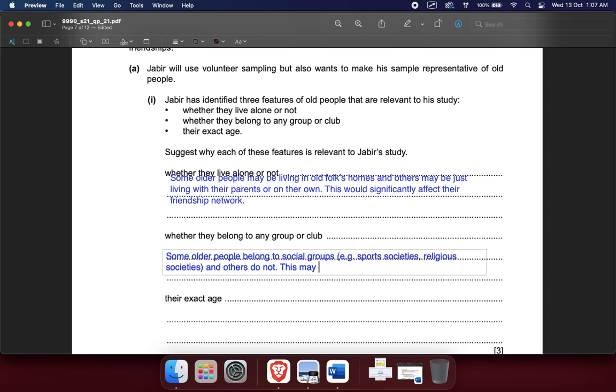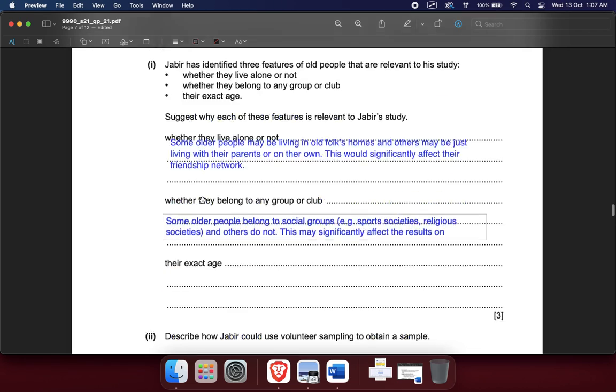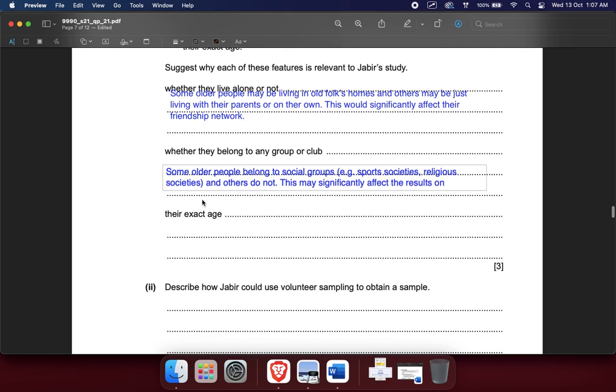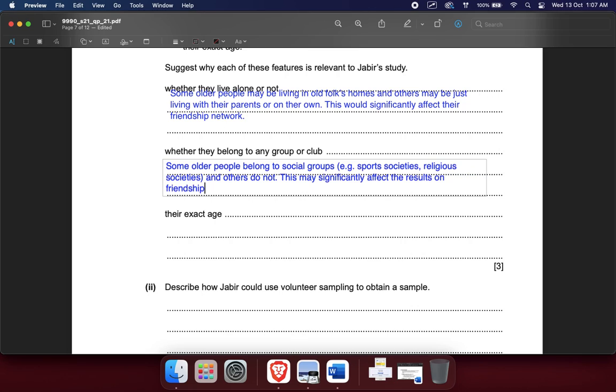This may significantly affect the results on the study. Friendships. Okay, so there's no point comparing between someone who stays alone versus someone who regularly participates in sports and other activities, right? I know that definitely affects the level of friendships that you have.